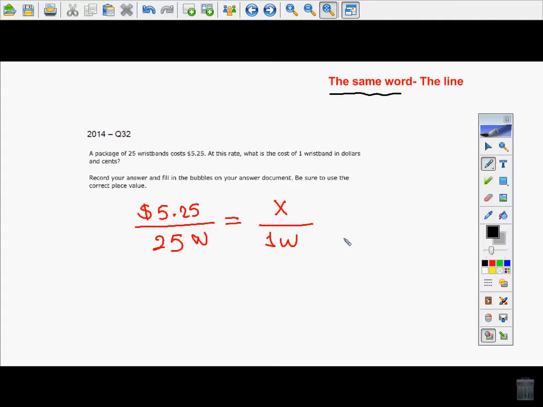So make it simple: we have to divide this number by this number, because we need to have one only. Going this way, 1 goes into 25 is 25 times. When we go backward, we have to divide by 25. So we wonder one wristband costs how much money.